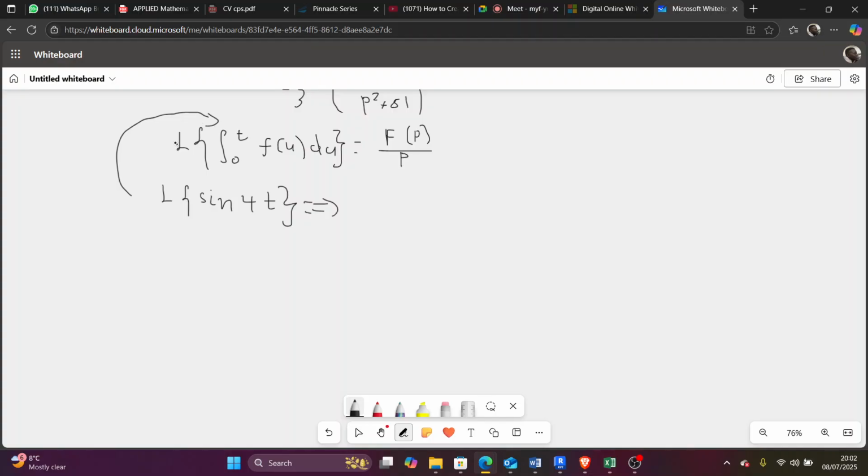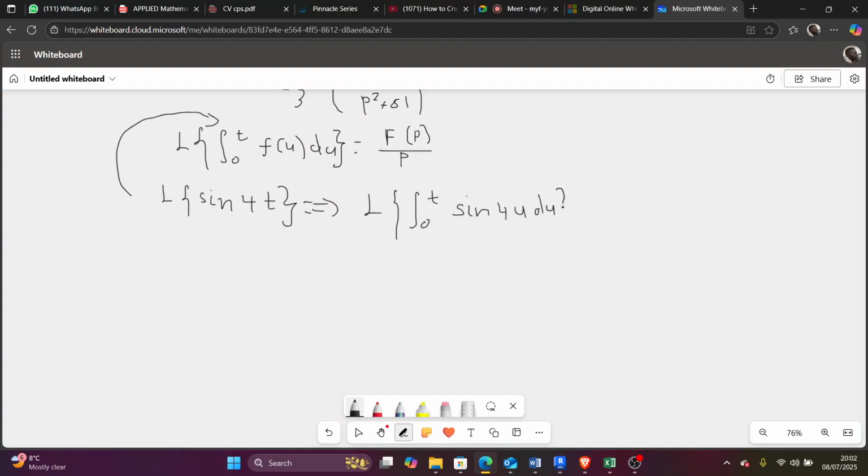It will be Laplace of the integration from 0 to t, where there is sine it will be sine, 4 will be 4, but where there is t, it will be u, and next to it will be du.